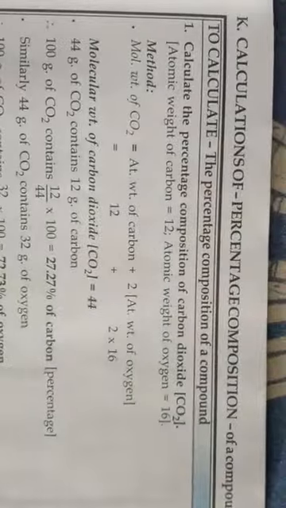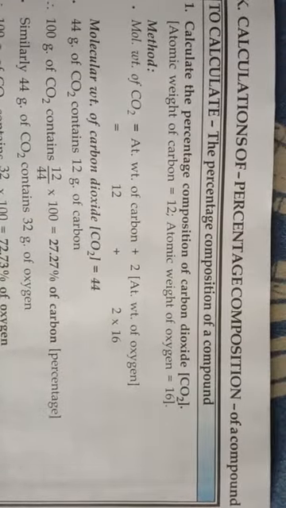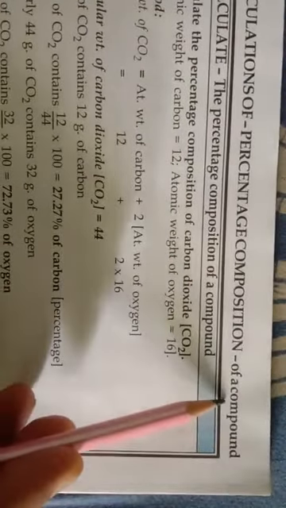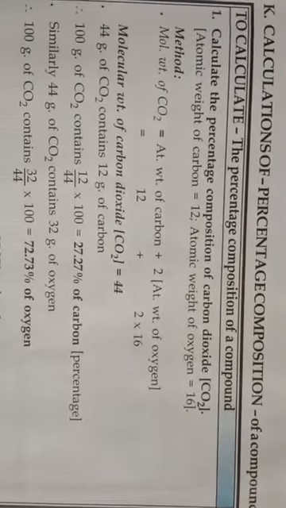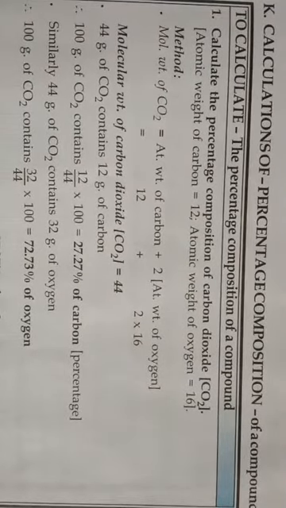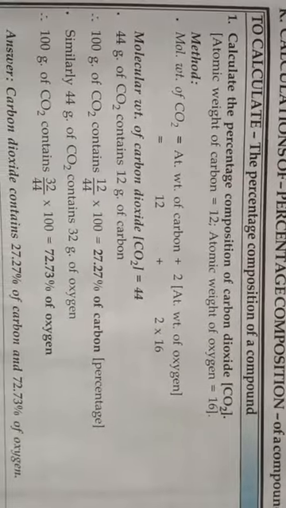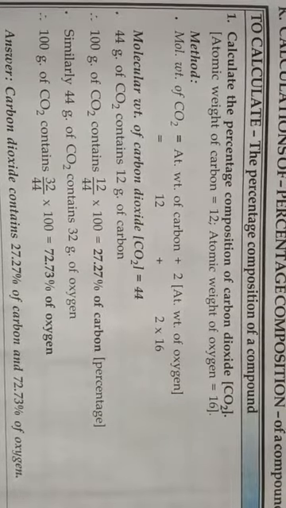Okay children, the next page, page number 13, is on calculations of percentage composition of a compound. According to percentage, how much of a particular element is present in a particular molecule is known as the percentage composition of a compound.